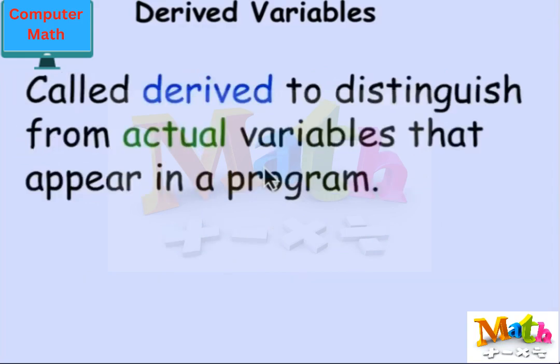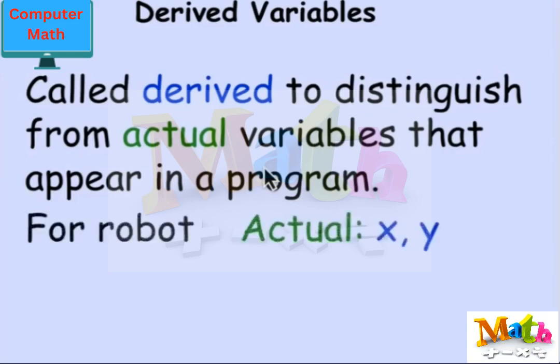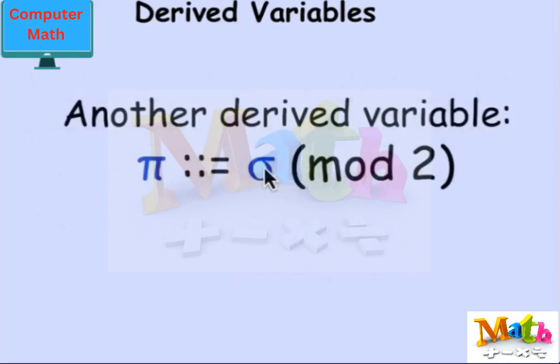The word derived comes because we're making it up. It's not part of the specification of the state machine or part of the program that defines the state machine. So in the robot example, the actual states were composed of the two coordinates x and y, but the derived variable that we made up was their sum, sigma.